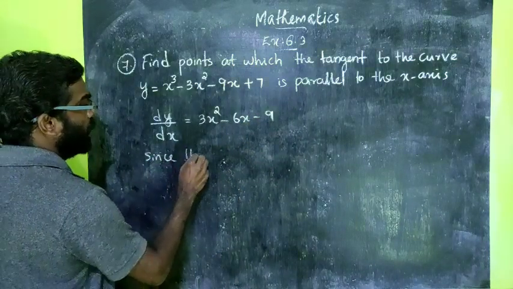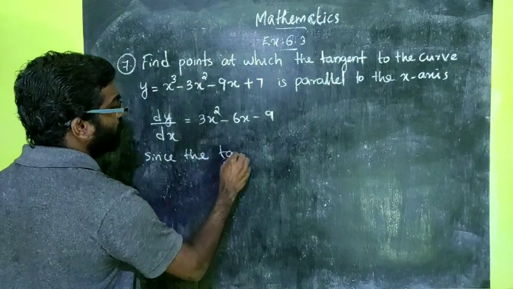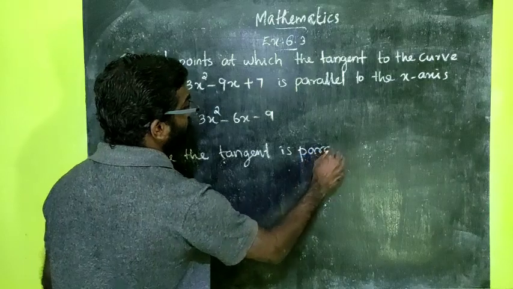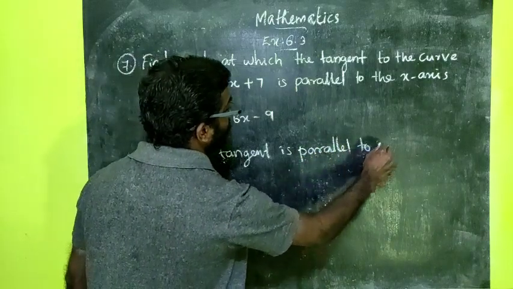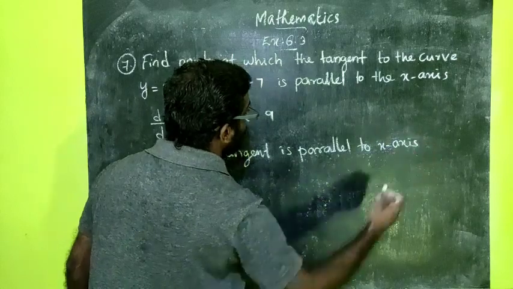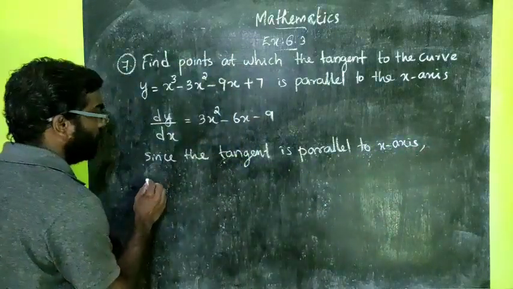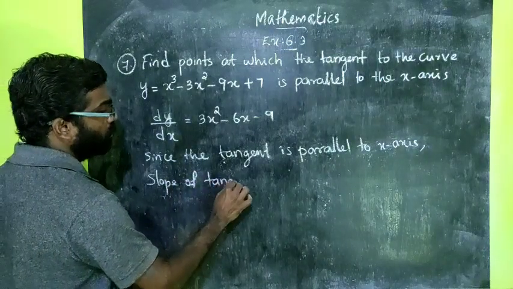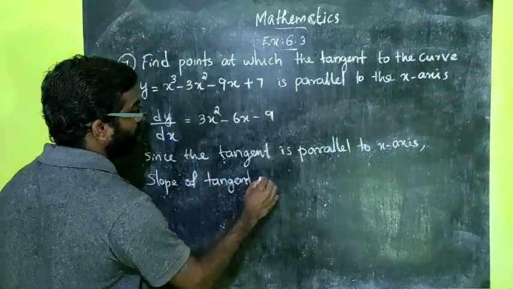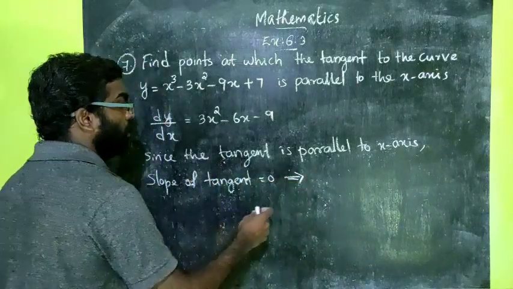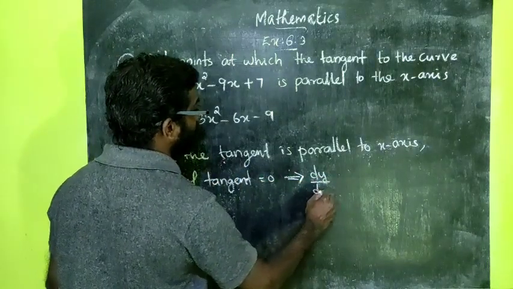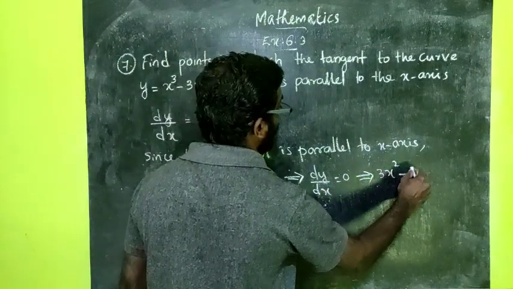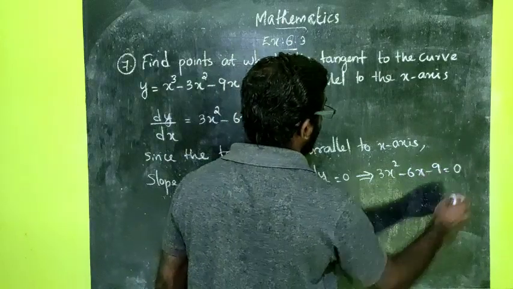Since the tangent is parallel to x-axis, we can write slope of the tangent is 0, which implies dy by dx is equal to 0, implies 3x square minus 6x minus 9 is equal to 0.